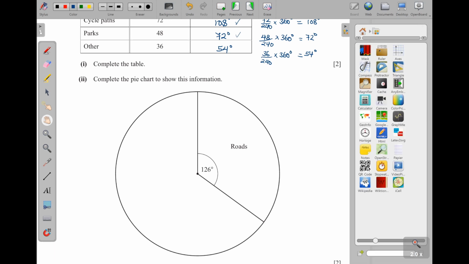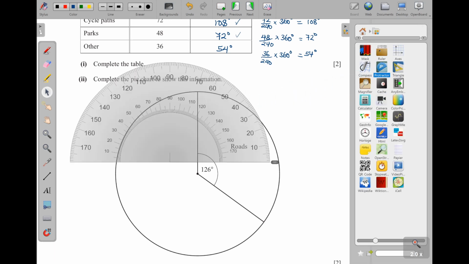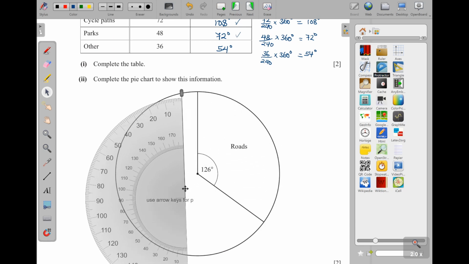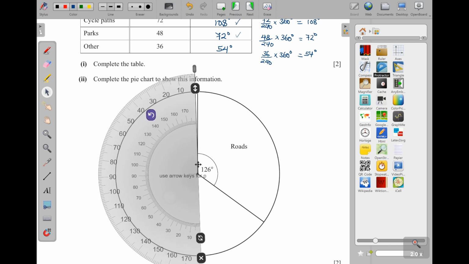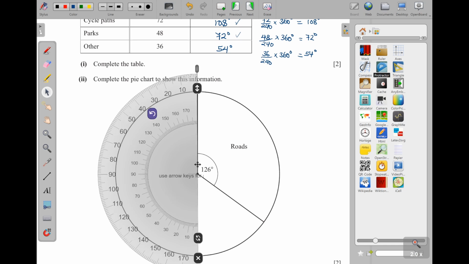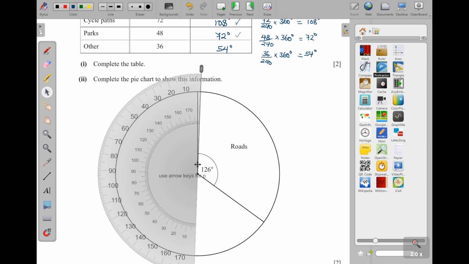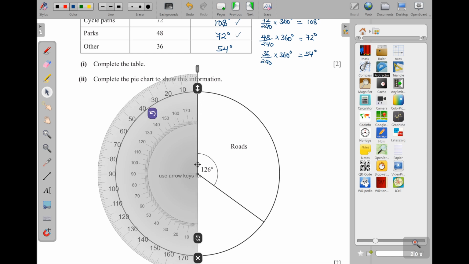You get your protractor, which is here. Then you can put it here. Make sure that it is at the center here. And then you have to coincide this line of the protractor on that one which is given there. So it has to be there.